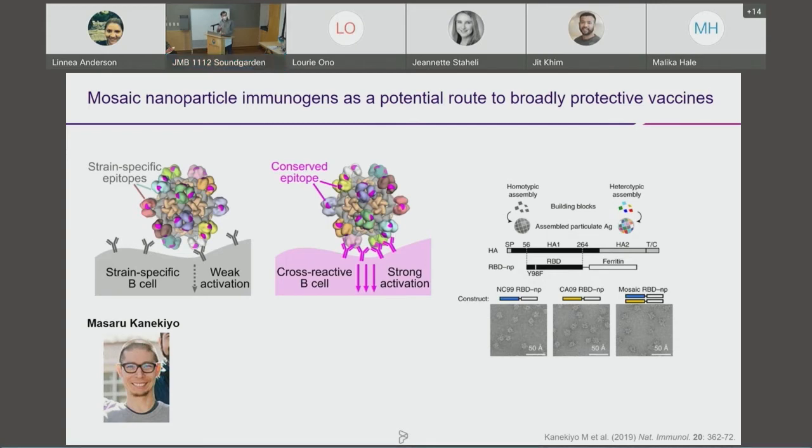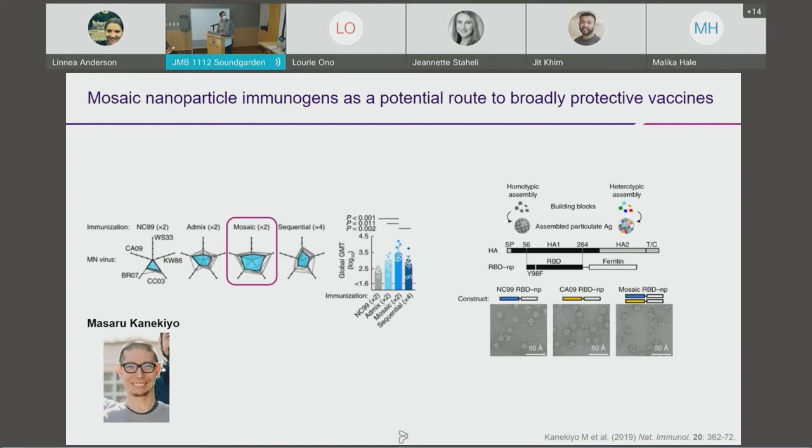The particles look beautiful, and then when you immunize mice and do some serology, you can see that the mosaic immunogens elicited broader neutralizing activity than a monomeric nanoparticle, a mixture of multiple different nanoparticles that displayed the same set of antigens, or sequential immunization, heterologous prime boost with those different nanoparticles.